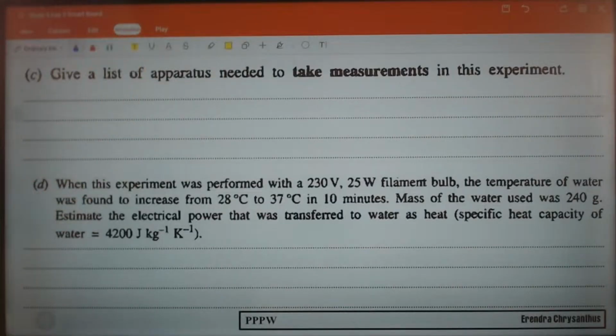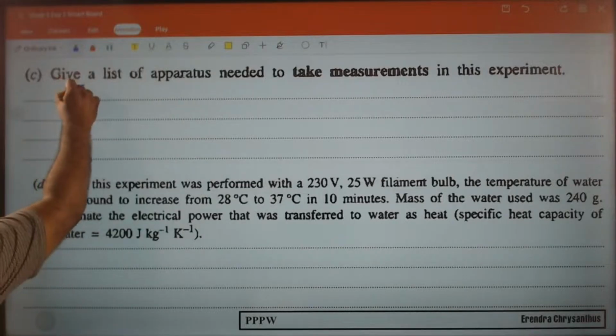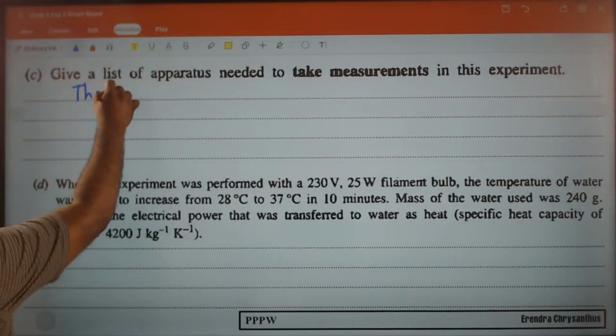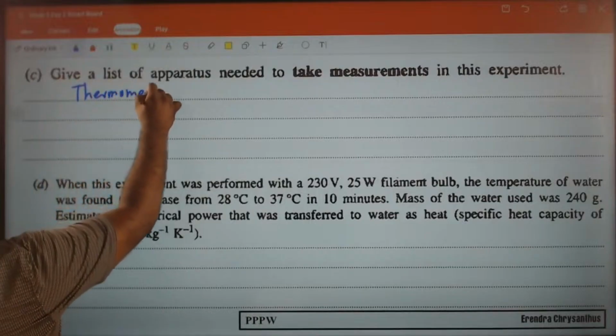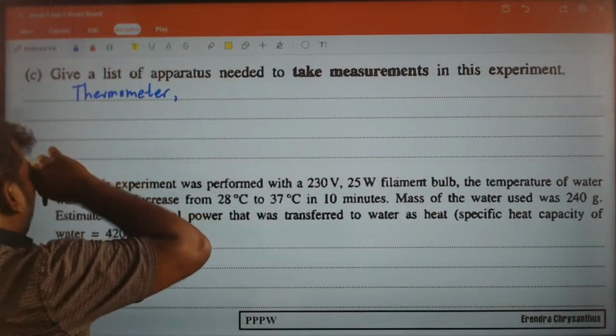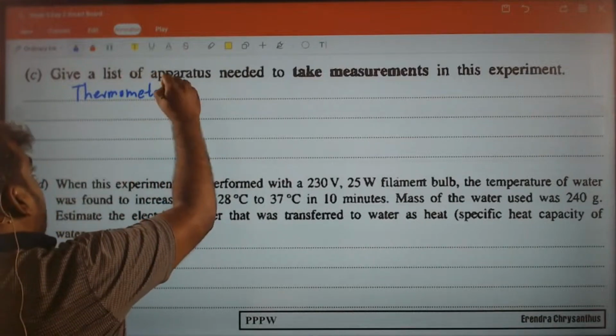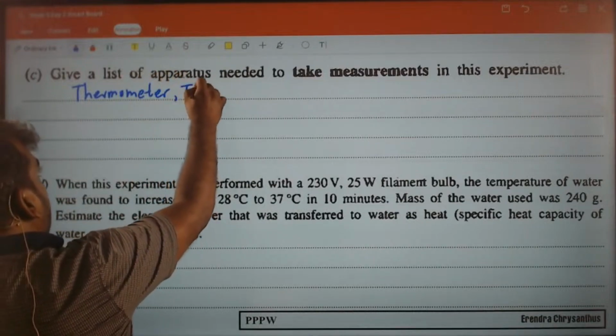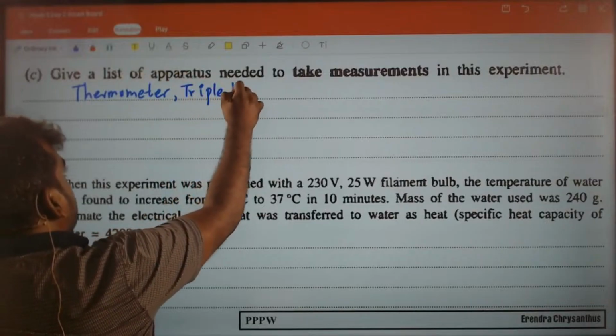Give a list of apparatus needed to take measurements in this. So what's the list you need? You need a thermometer. You need a scale, preferably triple beam balance.